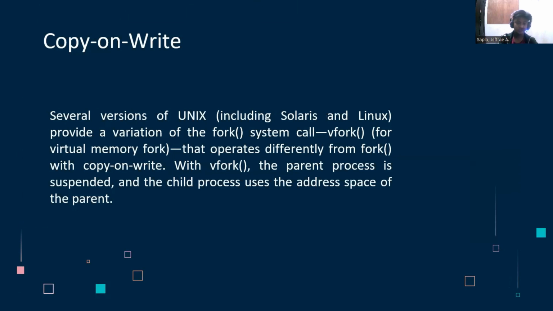Several versions of Unix, including Solaris and Linux, provide a variation of the fork system call called vfork. Yun po yung sa virtual memory, a fork that operates differently from the fork function with copy on write. With vfork, the parent process is suspended and the child process uses the address space of the parent.